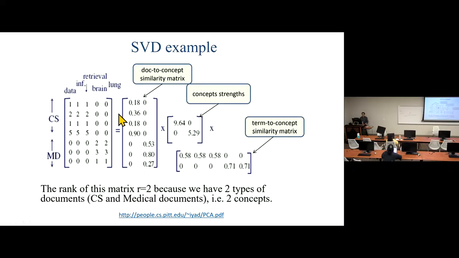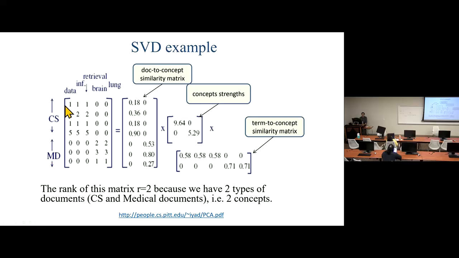So for this example, I believe it shows the frequency of different words that appeared in several books. You have 1, 2, 3, 4, 5, 6, 7 books.